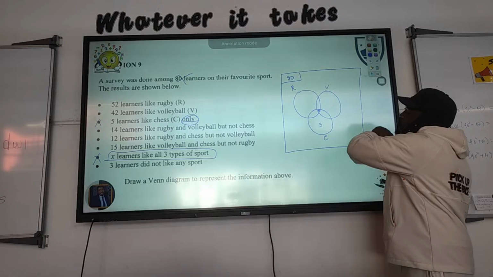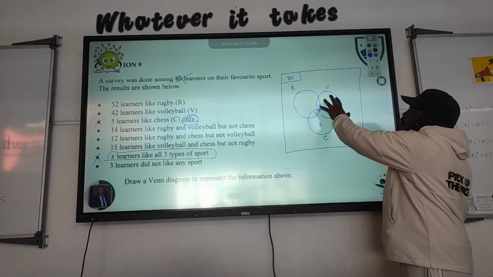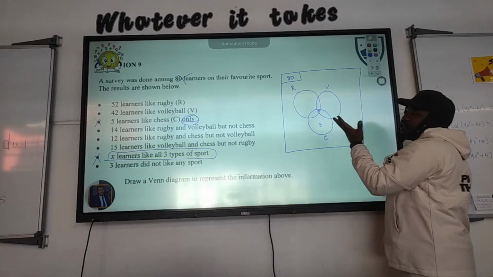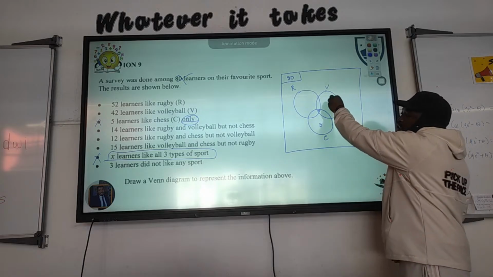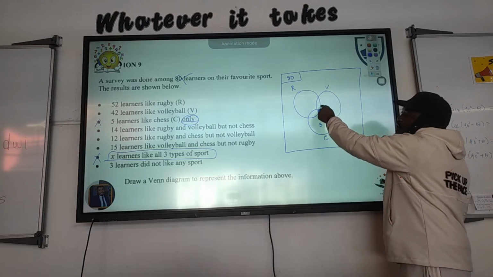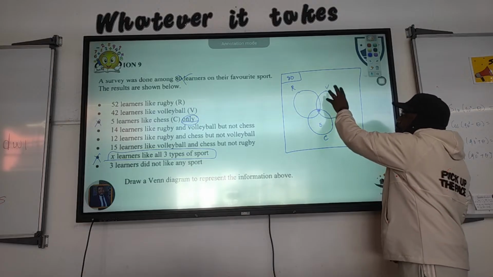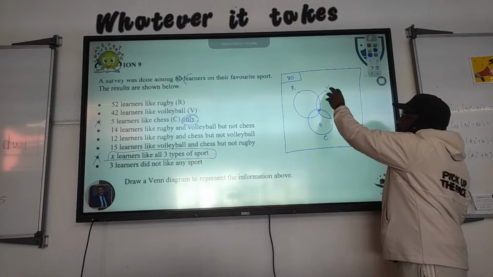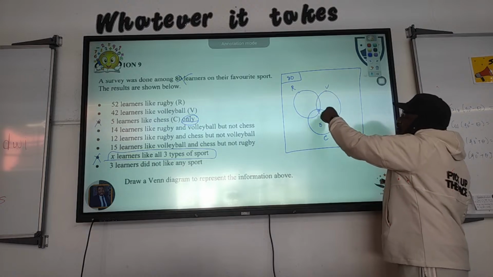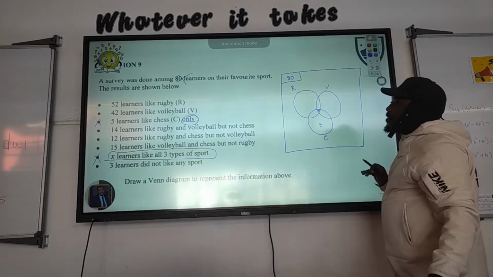But if they were to say we have 20 learners who are taking volleyball, we cannot put 20 here because we need to consider the intersection, because there are also learners who are playing volleyball but also playing rugby and also playing chess.